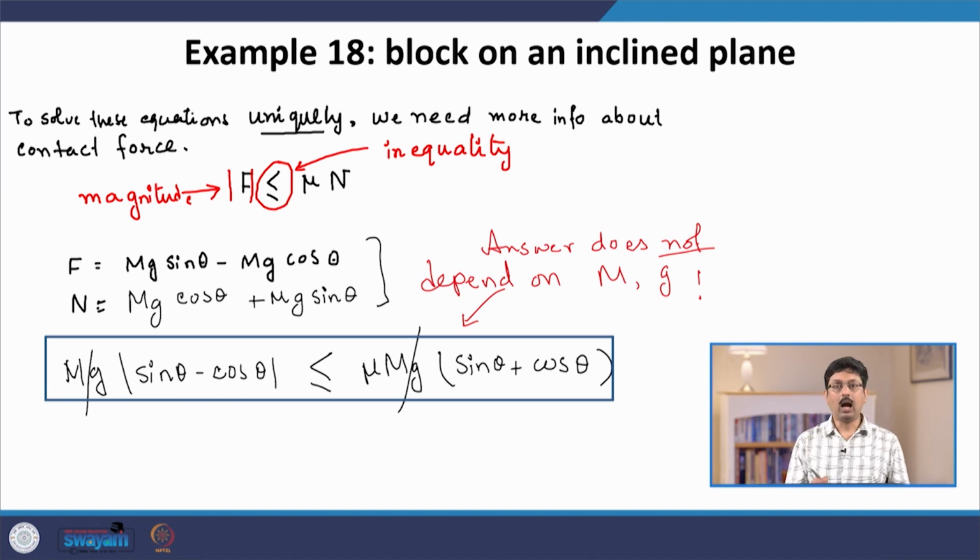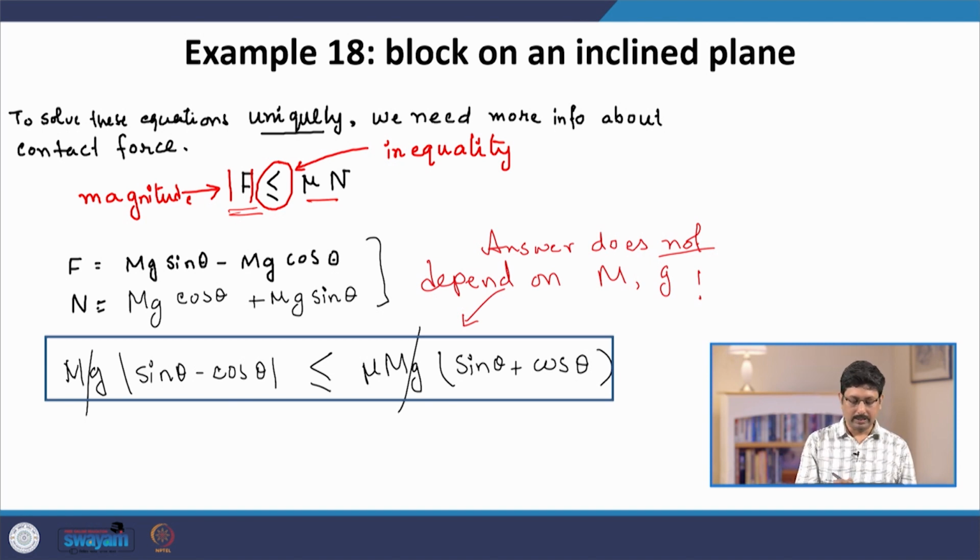But the question asks what is the range of theta, which means theta can vary. Why can theta vary? Because the frictional force is self adjusting. Coulomb's law says its magnitude can be anything less than or equal to mu times n.